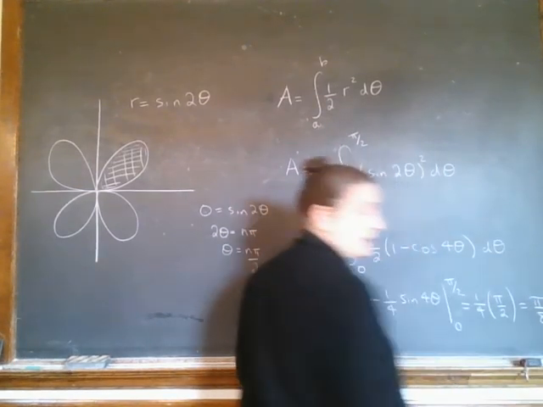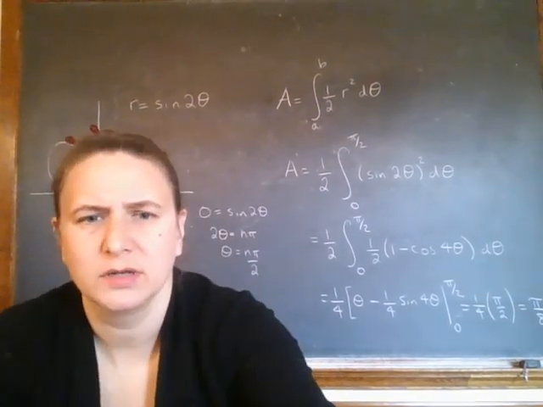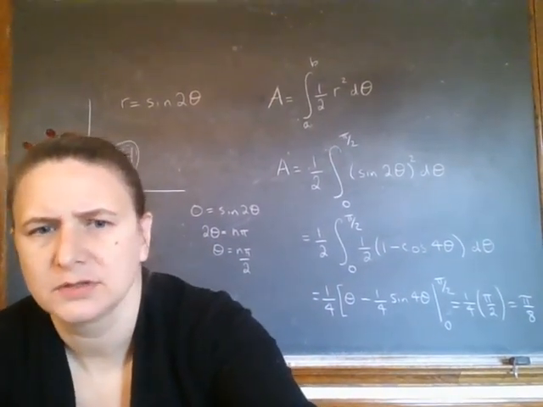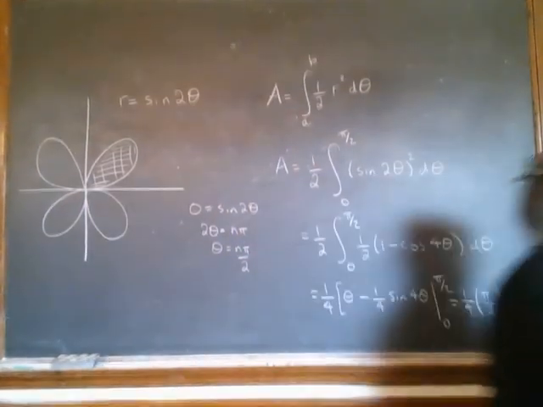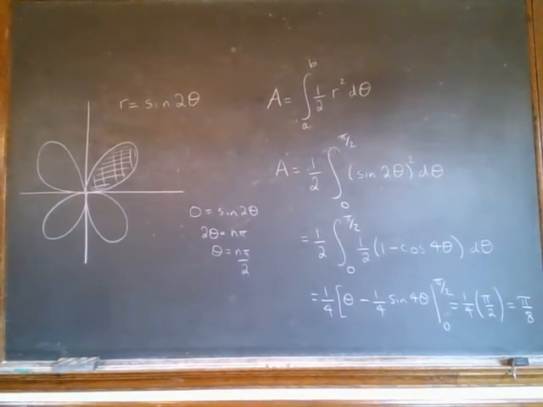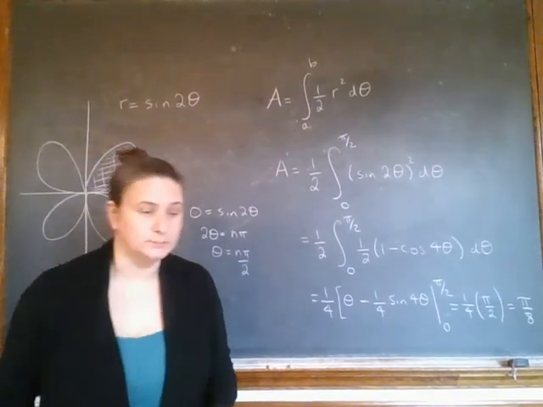There's pi over 8. Oh, can we not see that? It's not quite right, pi. There we go, pi over 8. Okay, so that's one example which wasn't too bad.